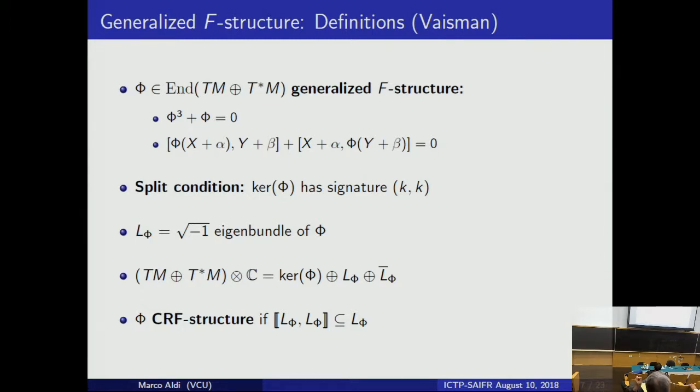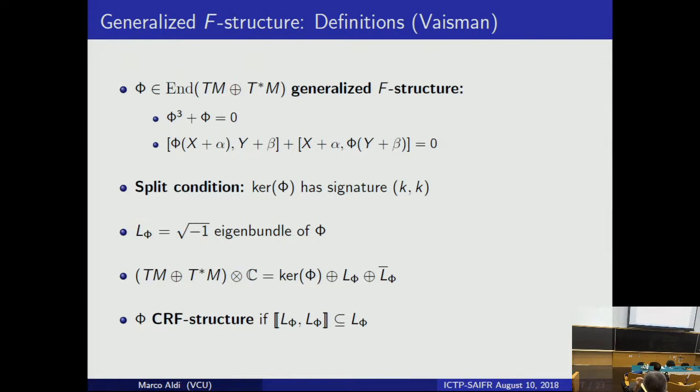And again, Vaisman defines integrability, in his language, phi is a CRF structure. CR is for Cauchy-Riemann, F is referring to Yano's F structure. So a CRF structure if the square root of -1 eigenbundle is involutive with respect to the Dorfman bracket.